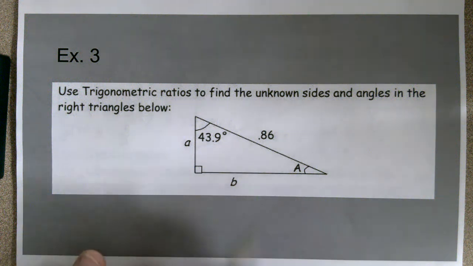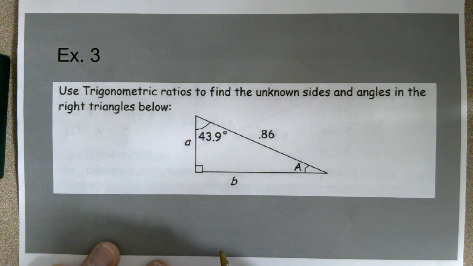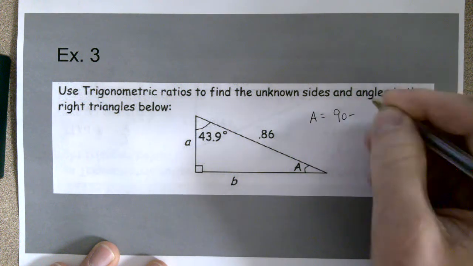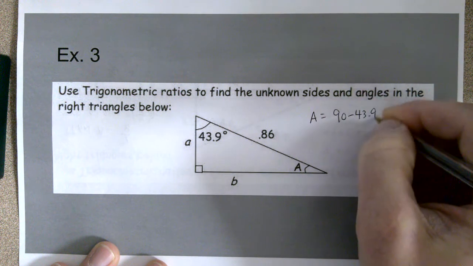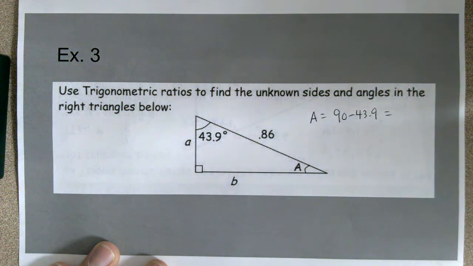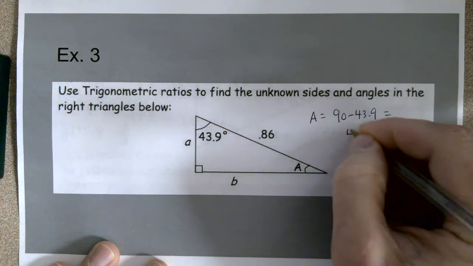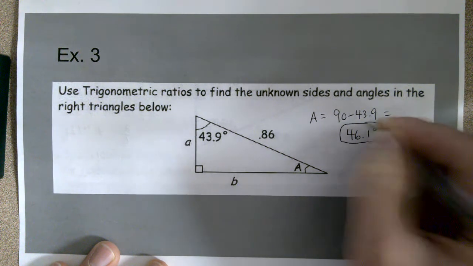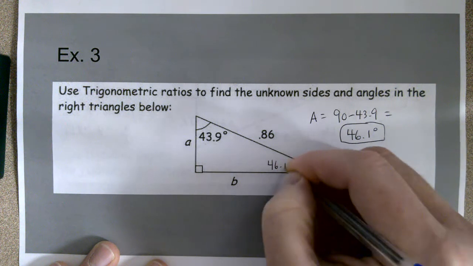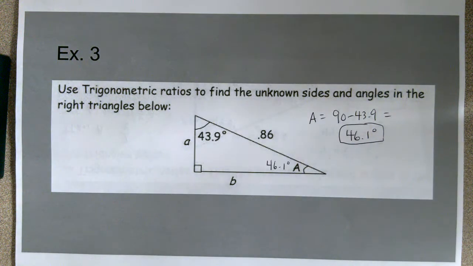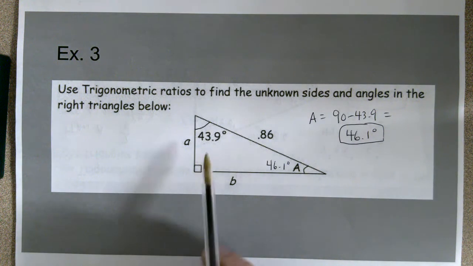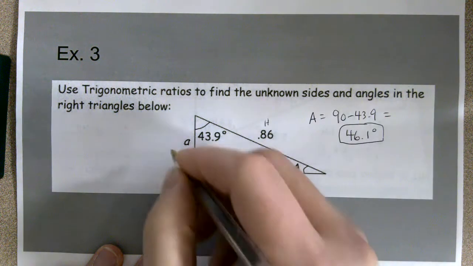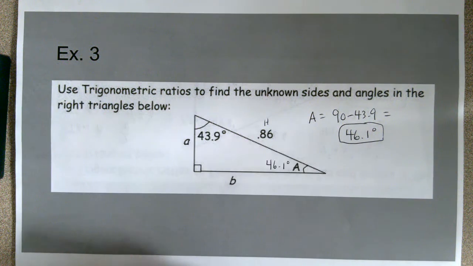Okay, so I'm going to start with A. To find A, I'm going to take 90 minus 43.9, which when I do that, I get A to be 46.1 degrees. So there's my missing angle. Now, with relation to the 43.9, I have the hypotenuse, and we'll call A the adjacent side.